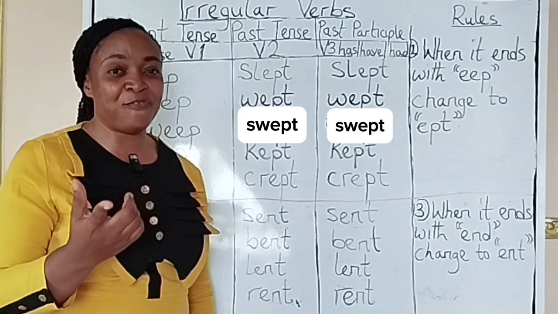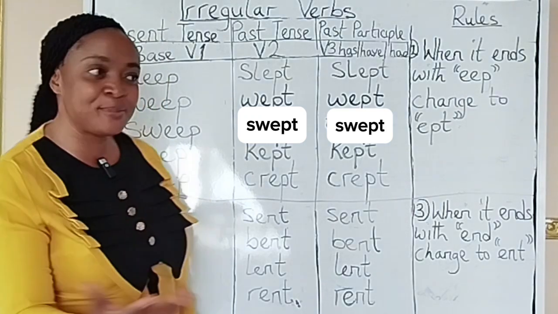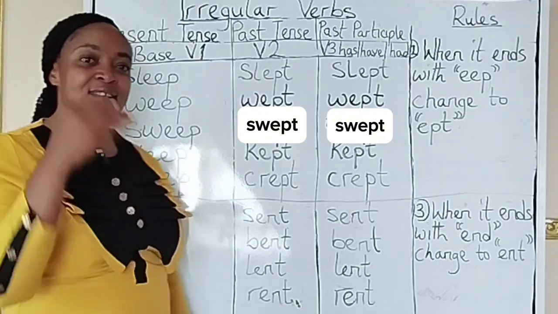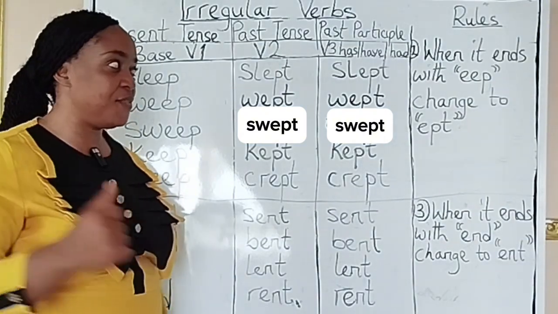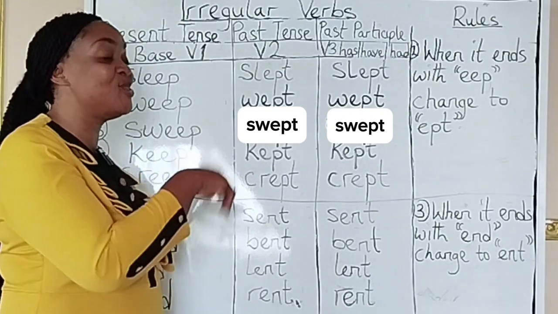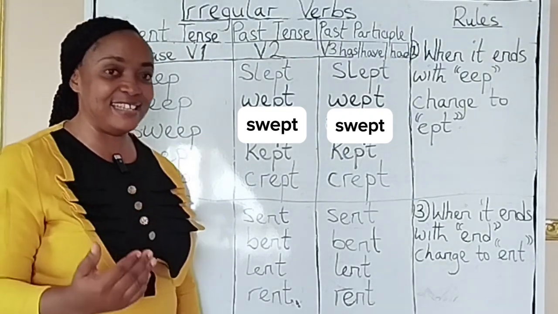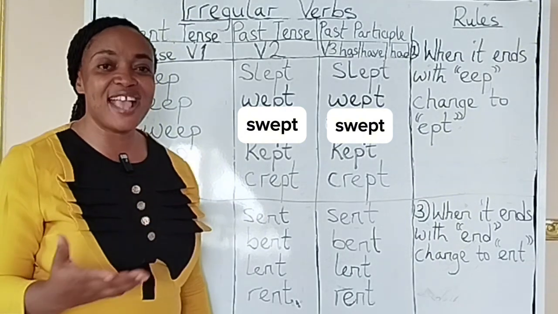So if you have other verbs that can follow these same rules, first one, don't change anything. Number 2, when it ends with eep, change to ept. And number 3, when it ends with end, change to ent.